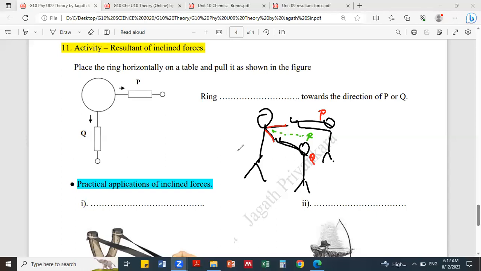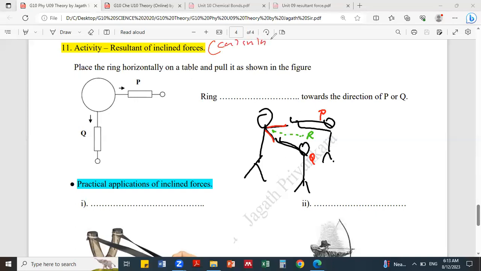Similarly, they will never ask you to calculate this. The magnitude of the resultant is beyond your syllabus, not expected under O level, right? Calculating the magnitude of the resultant force is not expected, but the direction of the resultant force you should know, right?